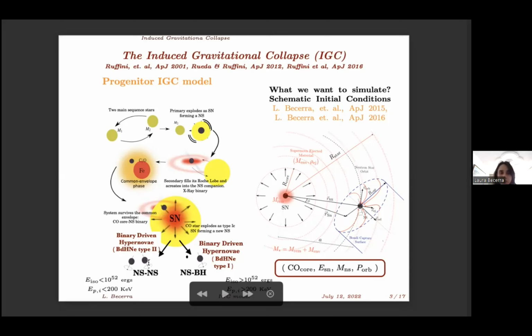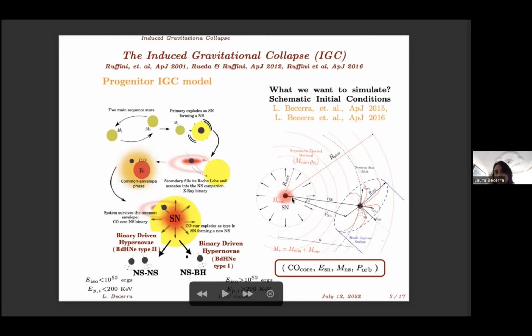So what I'm going to show you is the simulation of the last phase of the system, which is the expansion of the material of the supernova and the accretion on the neutron star. We're going to make an initial parameter study to see in what conditions it is possible that the neutron star companion, or the remnant from the collapse of the carbon-oxygen core, collapses into a black hole.